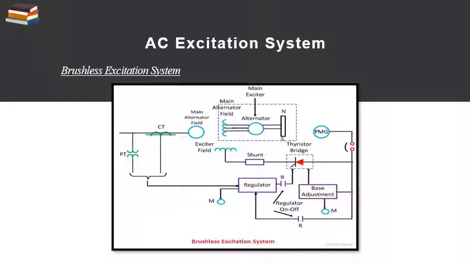So this is the circuit diagram for brushless excitation system. This is the main alternator field and this is the main alternator field winding. This is called the main exciter.